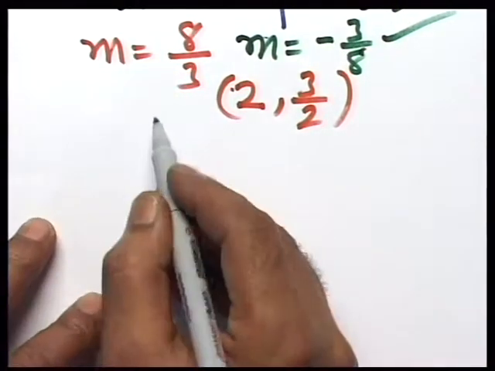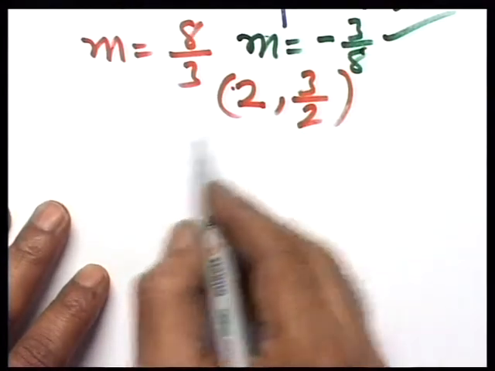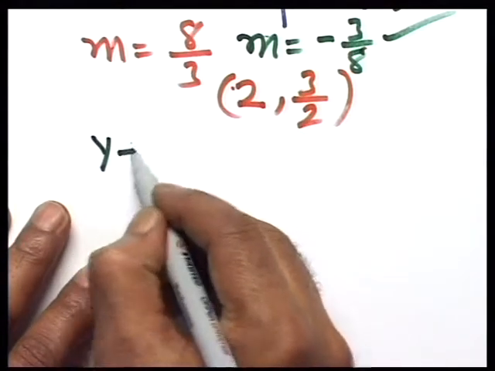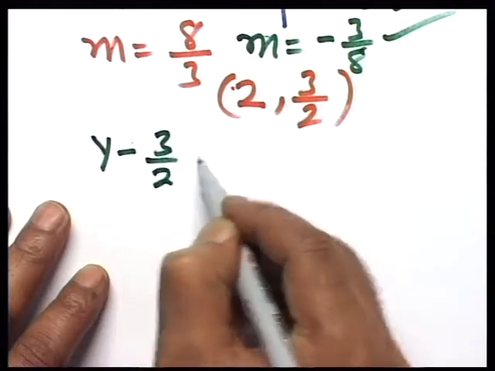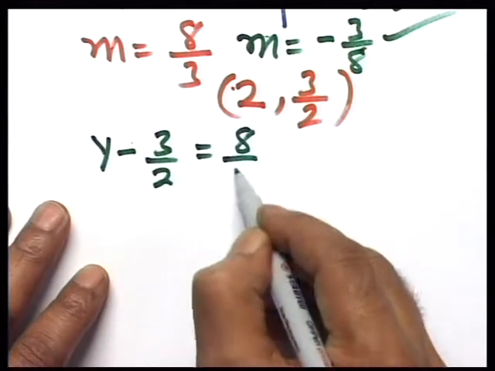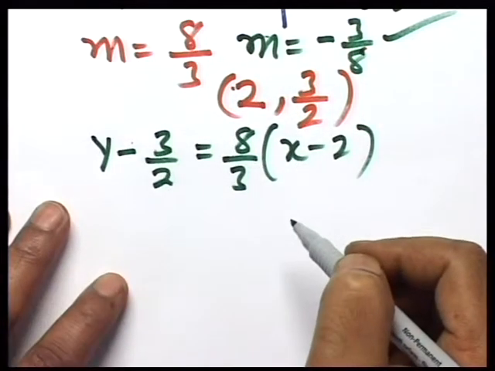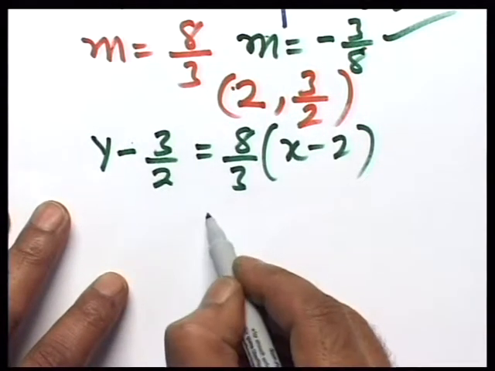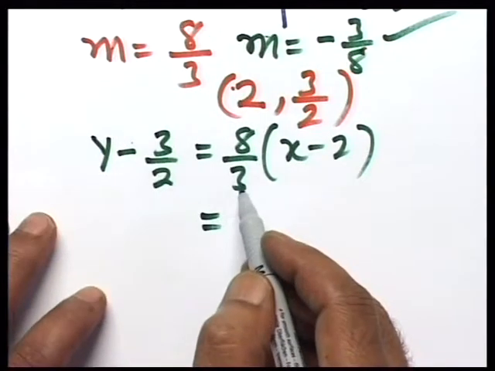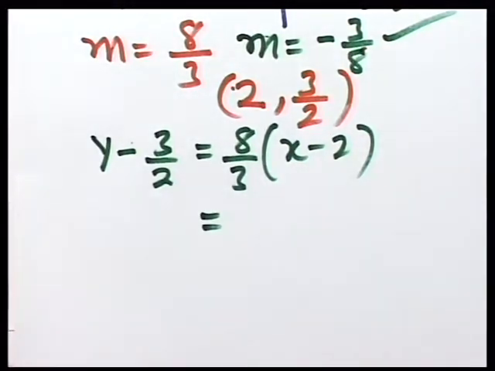Then we can find the equation of the normal now, right? So it should be y minus y1, which is 3 over 2, equals slope times x minus x1. We are supposed to get a 23, I think we will get. Let's just multiply everything by 6, maybe.